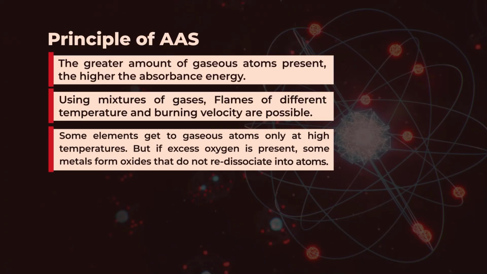Say, for example, the general temperature of the flame is about 2700 degrees centigrade. But by changing the gases, we can increase it, okay? Some elements get to gaseous atoms only at high temperatures. But to reach that temperature, suppose we use oxygen, then some metals may get oxidized to oxides.